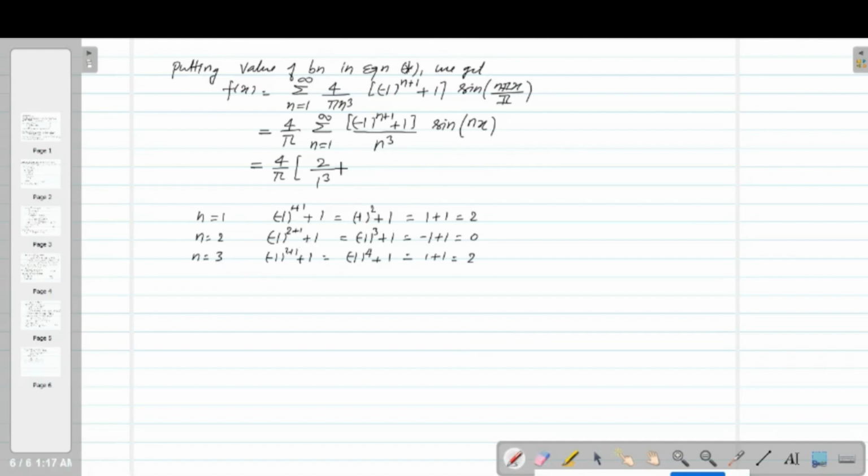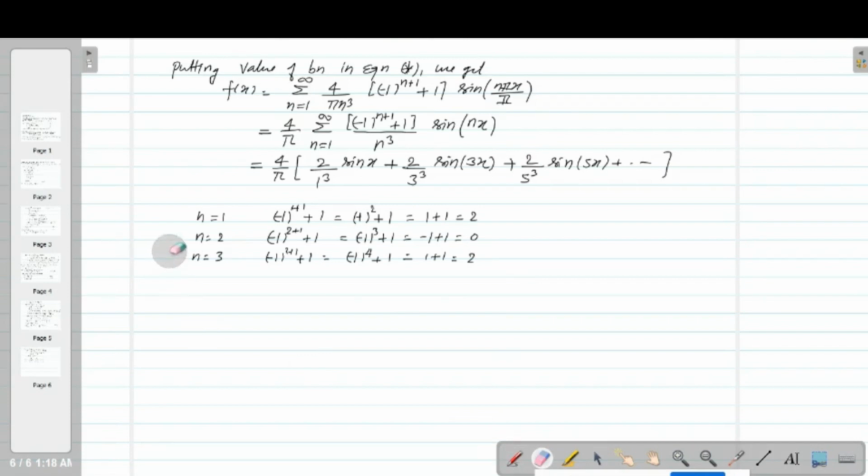So this is sine x. Okay, plus 2 by 3 cubed sine 3x. Okay, and plus 2 by 5 cubed sine 5x and plus so on. Okay, plus so on.